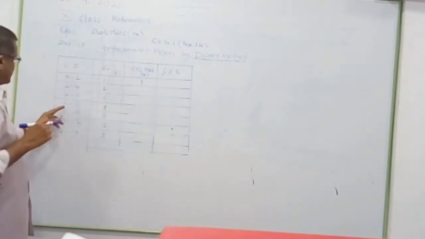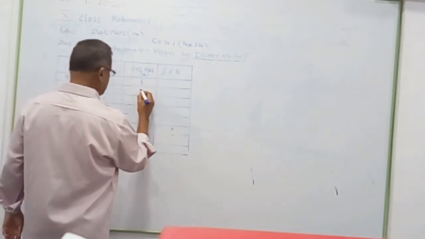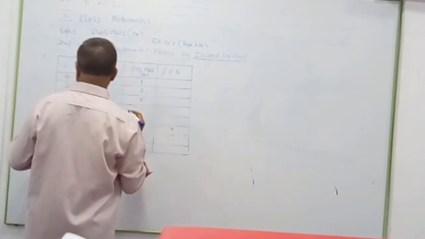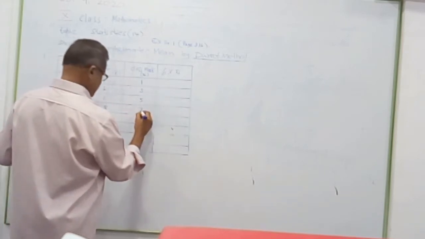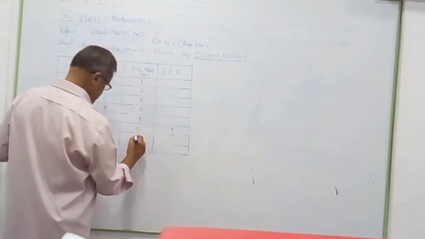Here the size of the class interval is 2: 0, 2, 4, 6, 8. Each class increases by 2. So go on adding: mid values 1, 3, 5, 7, 9, 11, 13.